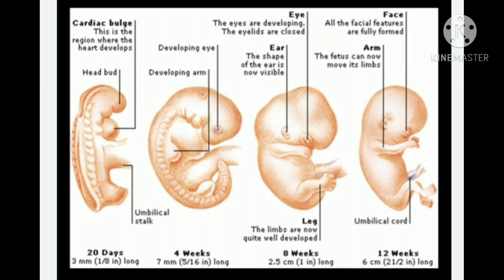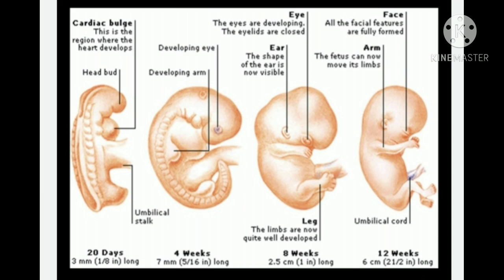This umbilical stalk is there for the umbilical cord, for the attachment of the fetus with the mother with the help of the placenta. The placenta is the main organ that connects the baby with the mother through the umbilical cord.